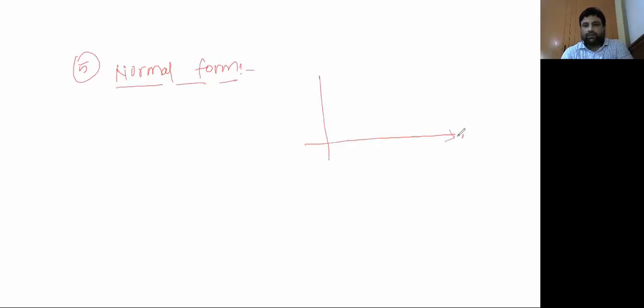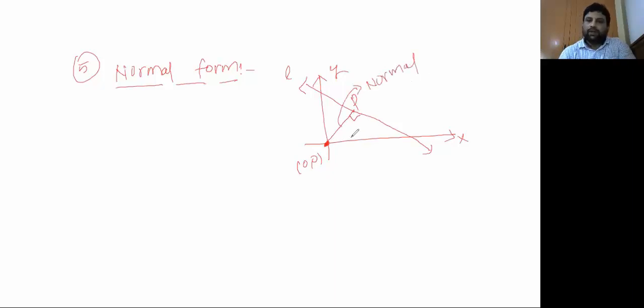Next form of line is normal form. Here you can see, suppose this is the x-axis and this is the y-axis and this is line L. Suppose from the origin we are drawing a perpendicular to this line and this is OP. This OP is called normal. It means indirectly we can say that the perpendicular distance of the line from the origin is called normal.